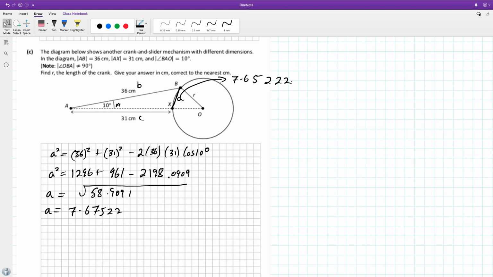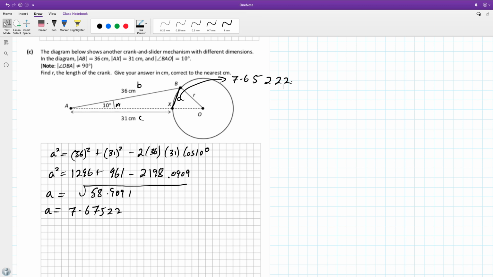Try and wrangle X now. You can find angle BXO. How will that help us? What do we know about BXO and OBX?